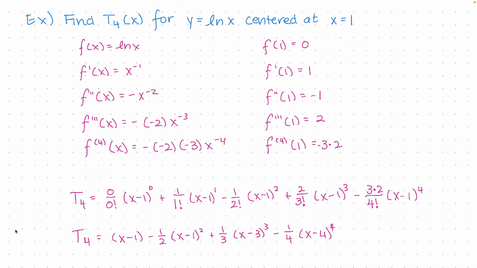Here it is, simplified a little bit. Those fractions are going to simplify, so we don't have factorial anymore. So just kind of trust in the formula. Just go with it. And get used to the nth derivative over n factorial times x minus c to the nth power.